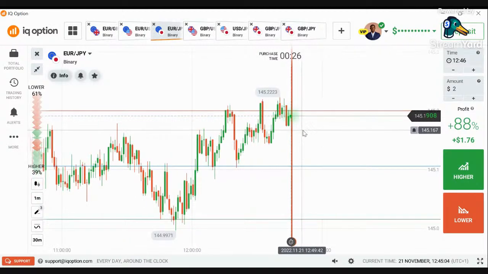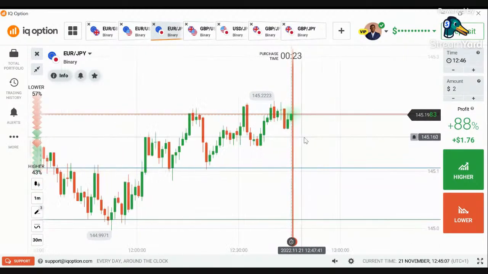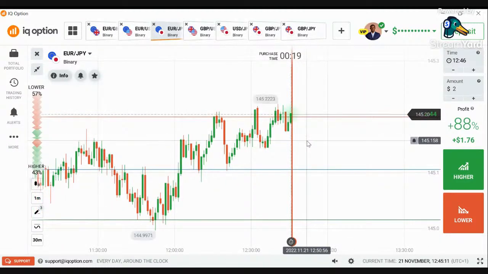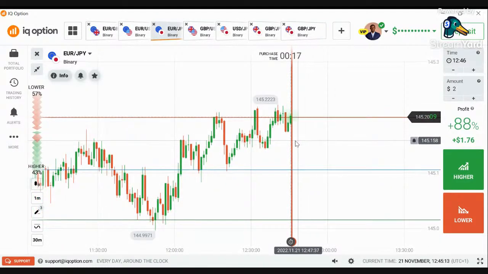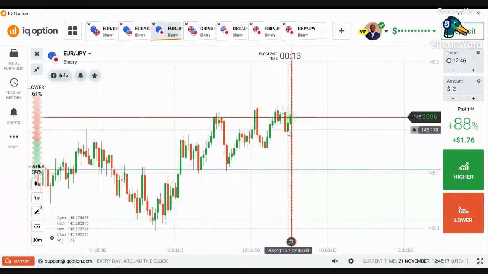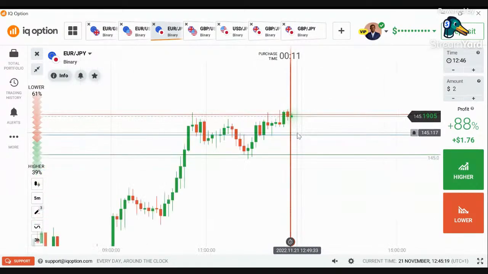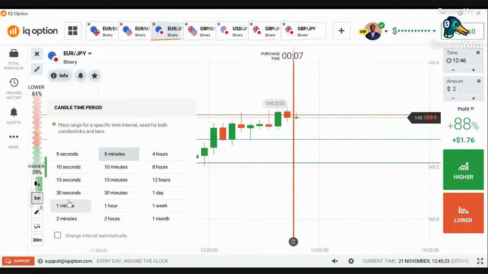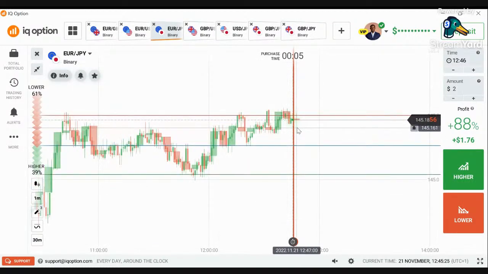On Euro JPY, Euro JPY looks rough too, but we are still in a range bound market, so Euro JPY could still bring in some sellers.